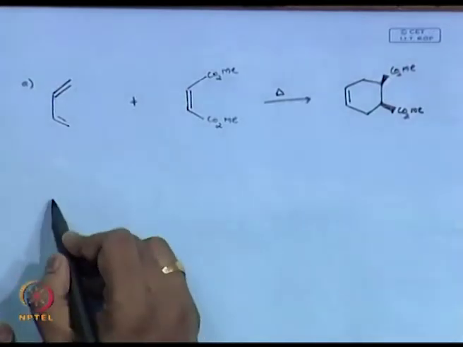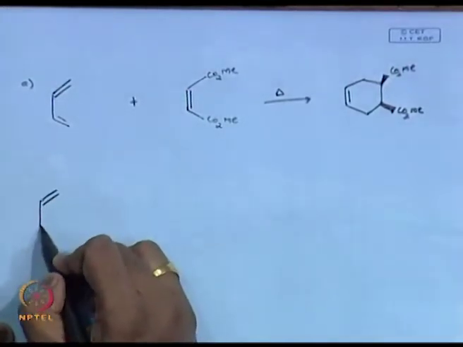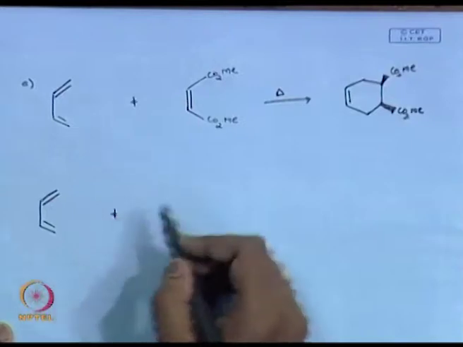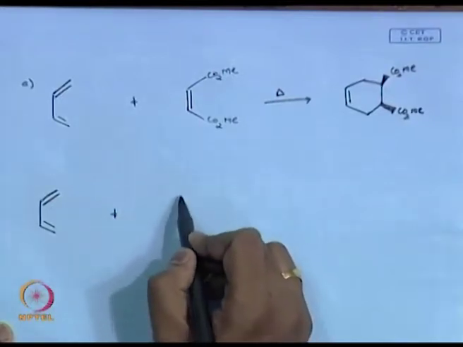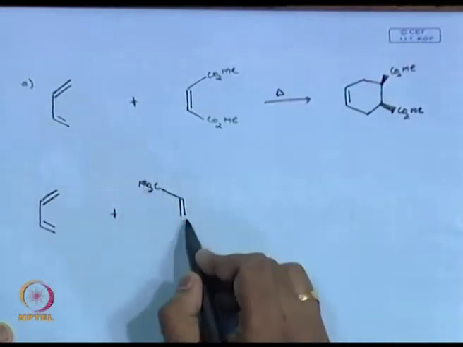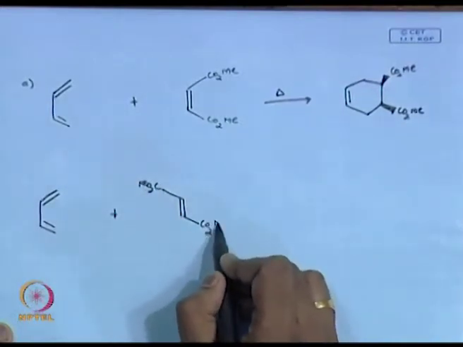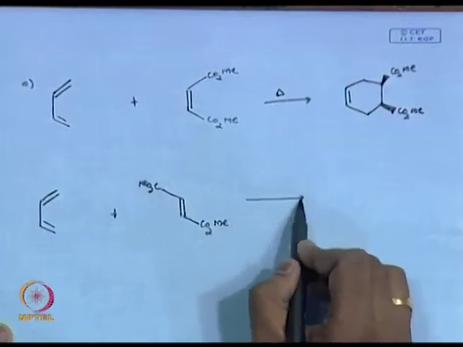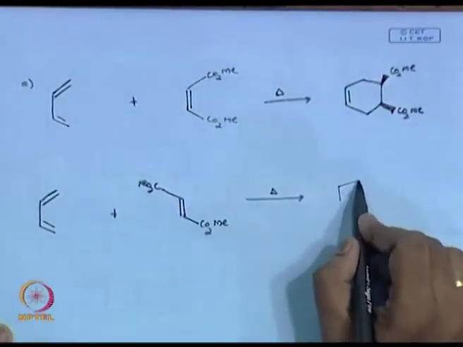In the same way, if I take the same diene and treat it, instead of cis, with a trans, so again you have a selectivity.